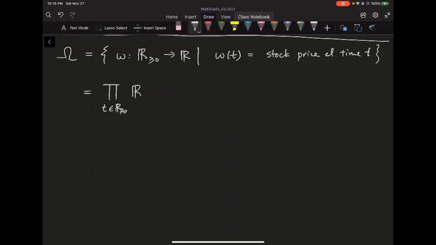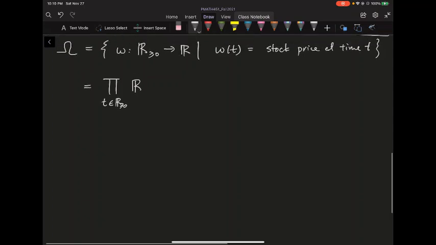On each timestamp, you put a copy of the reals and glue them together. That's one way to look at the space. And the sigma algebra is basically the product sigma algebra: B on omega is just the product sigma algebra of the Borel sigma algebras, for t inside R greater than or equal to 0. So you have a nice measurable space, but you don't have a nice measure yet.